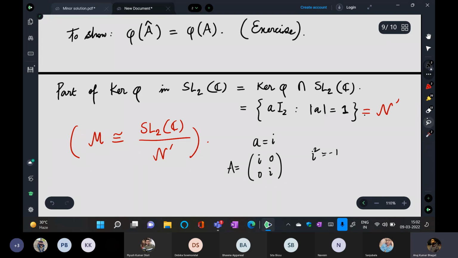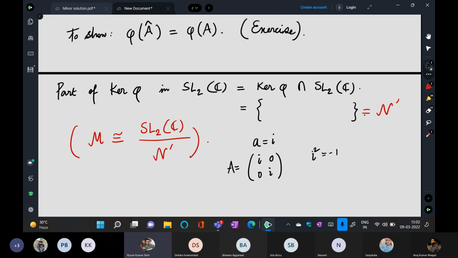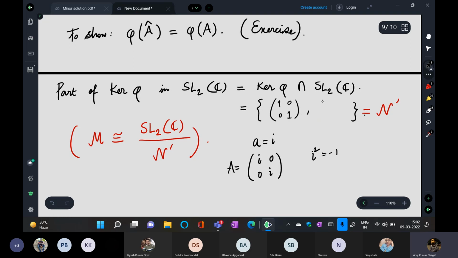So I have to just change this. This will only consist of 2 points. Actually, sir, it consists of the number of solutions of A square equal to 1 in C star. Right, and that is nothing but plus 1 and minus 1, right? Yes, sir. So this will only have 2 matrices, (1, 0, 0, 1) and (-1, 0, 0, -1), right?